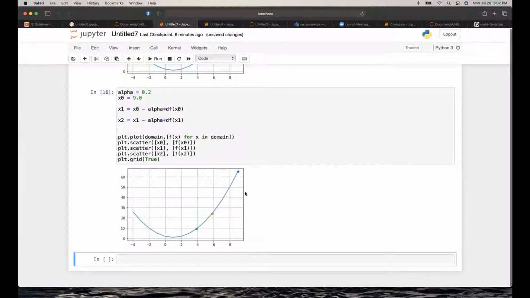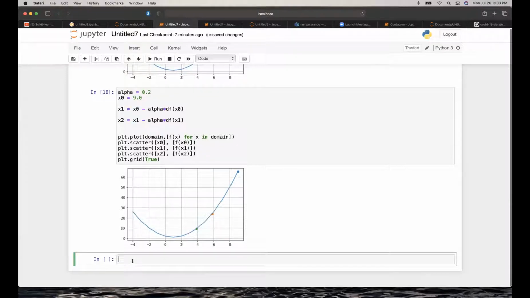Now notice that we didn't go as far this time. Why is that? Well, the reason is that over here at 9, the slope of the tangent line was steeper than the slope of the tangent line here, right?